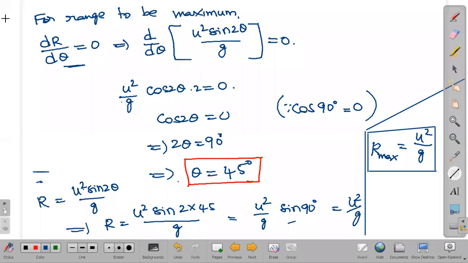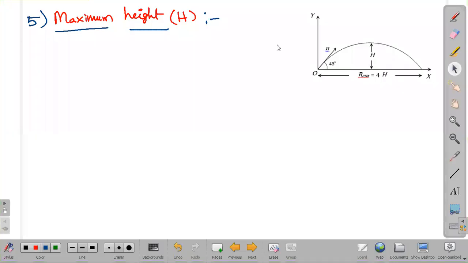And one more will be there, the relation between horizontal range and maximum height. As we have not finished maximum height, after completion of maximum height we will again see the relation between horizontal range and maximum height. For the maximum height concept, you can see in the diagram here.